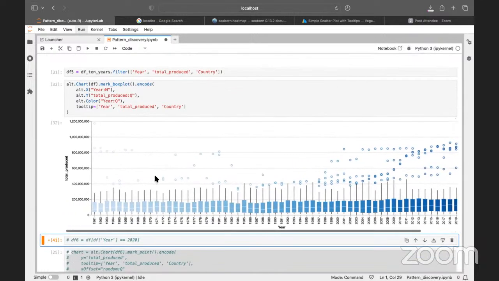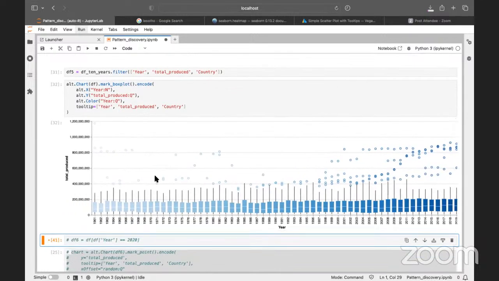We get to see the distribution of all the crops produced for a particular year. Remember, in a box plot, this represents the median, this the third quartile, this the first quartile, and the end of the whisker represents the maximum value. And then these are the outliers.